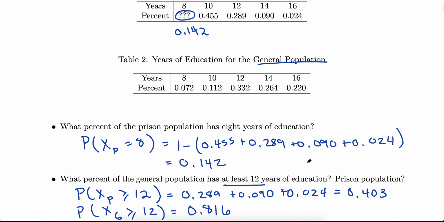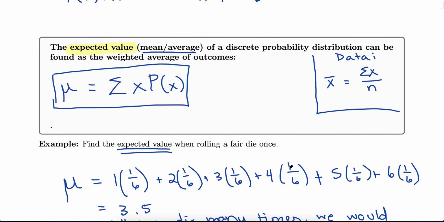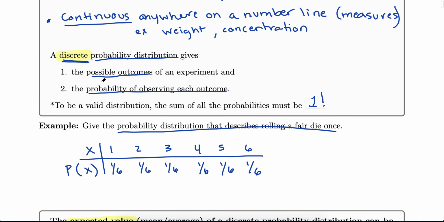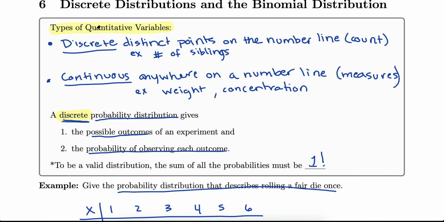So in this section, I just want to make sure you got all the important parts here. The first important part, you really need to know the distinction here between discrete and continuous variables. They're both quantitative. Discrete is a counting type, continuous is anywhere on a number line.